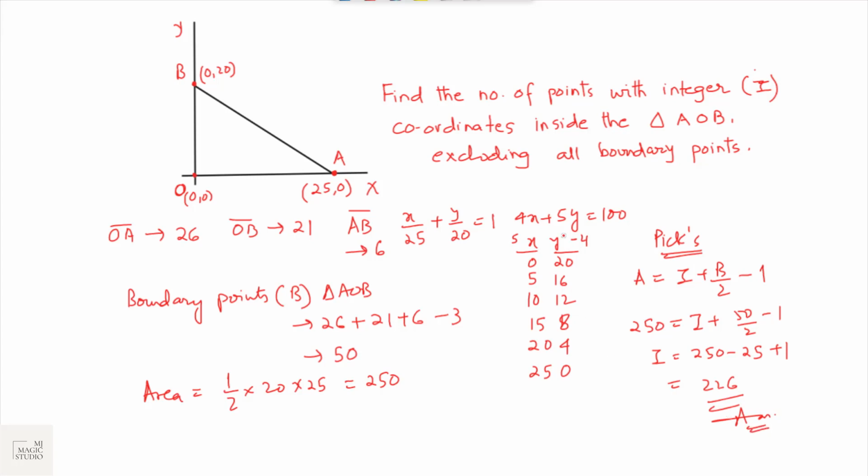Bingo. The number of integral solutions inside this bounded figure AOB would be 226 pairs of x comma y, inside this, not on the boundaries, where both the points are integers.